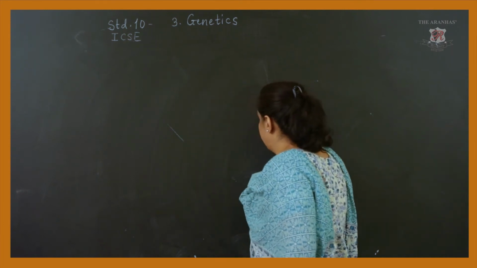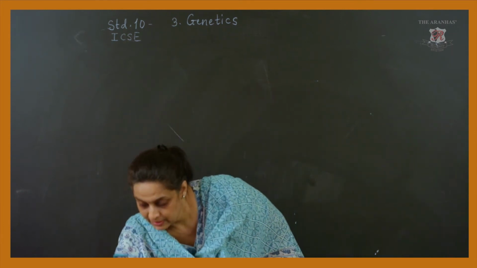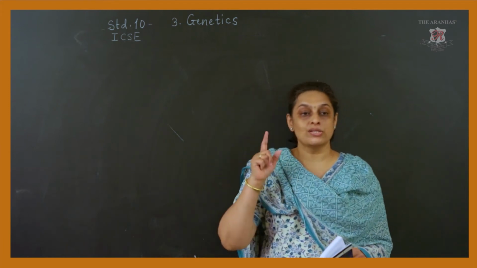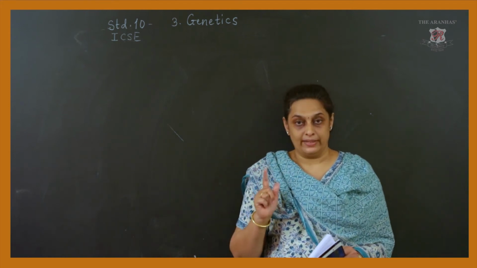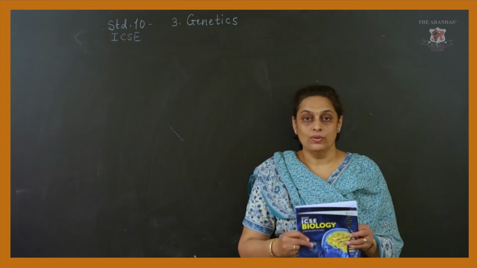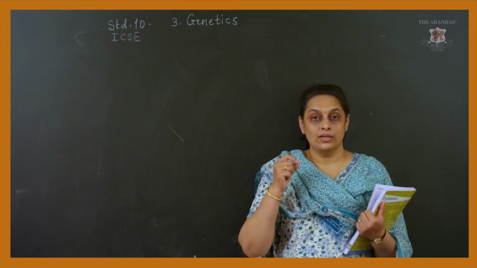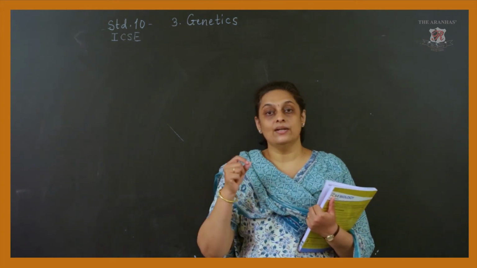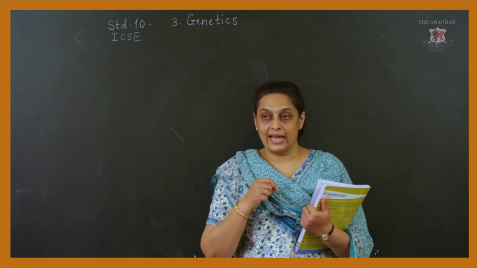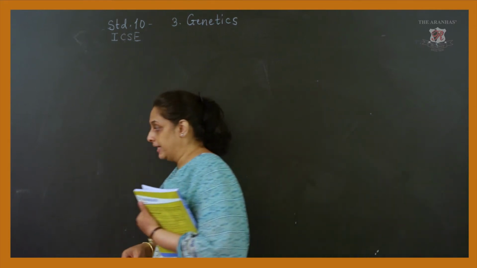Now we will consider one cross or one experiment. Okay. Now I am going to take height of stem as a character. See what I am writing on the board.